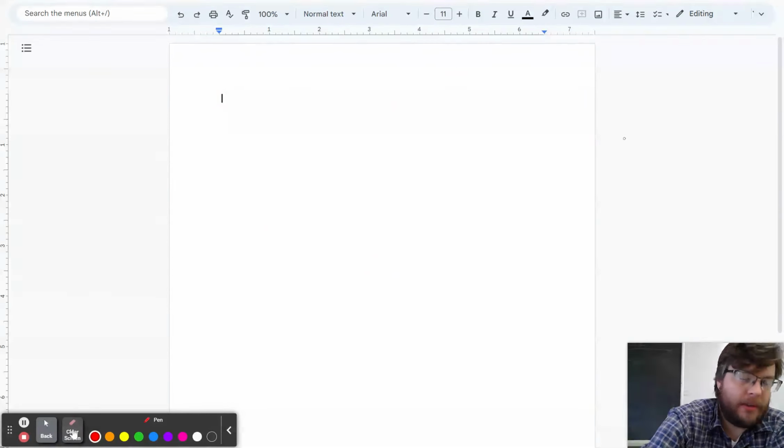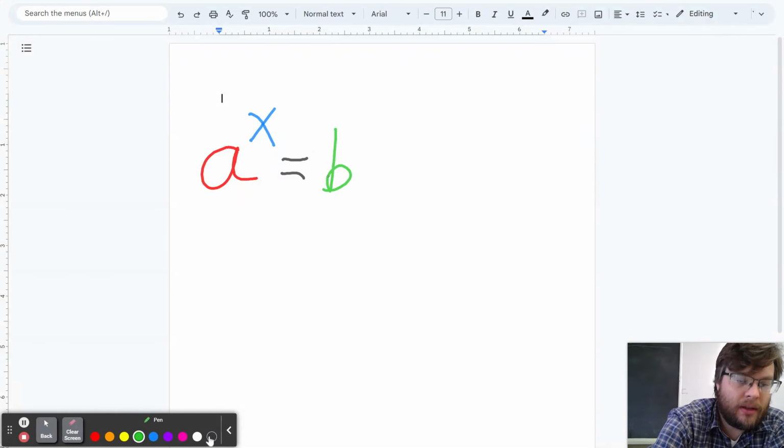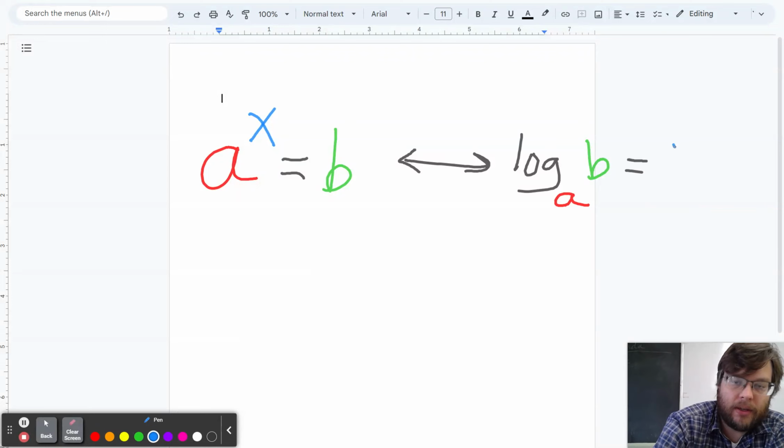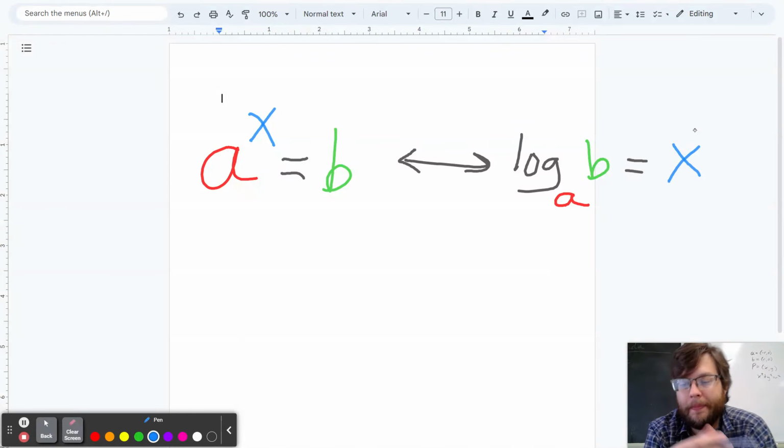So a lot of people will summarize everything I just said with some equation that looks like this. A to the x equals b, and they'll say that this is equivalent to log base a of b equals x. Those two pieces flip-flopped.